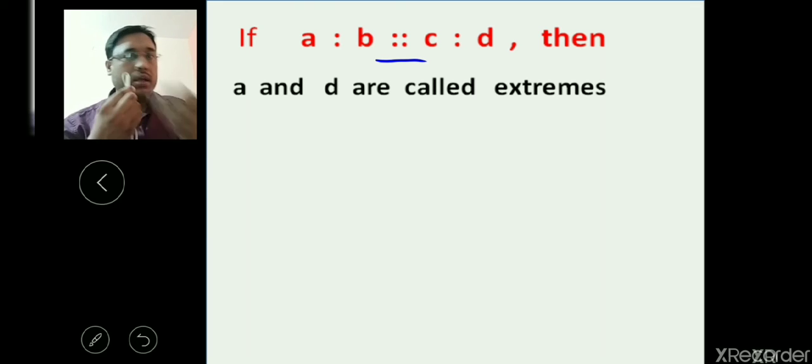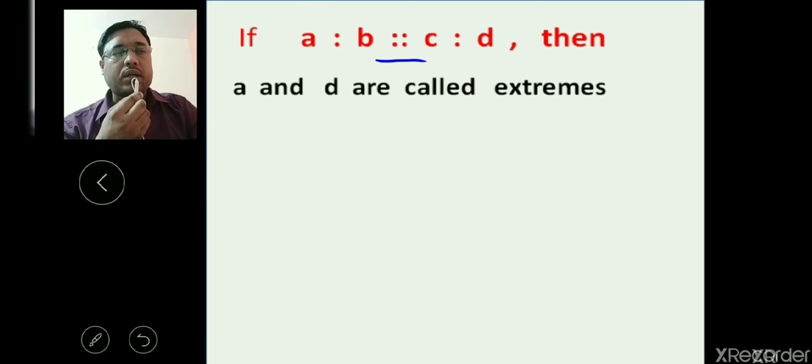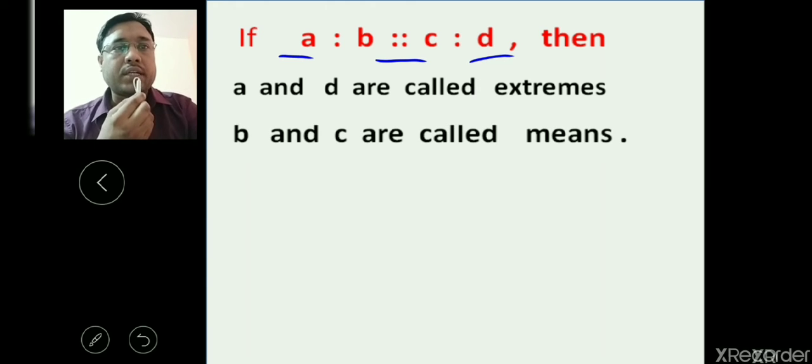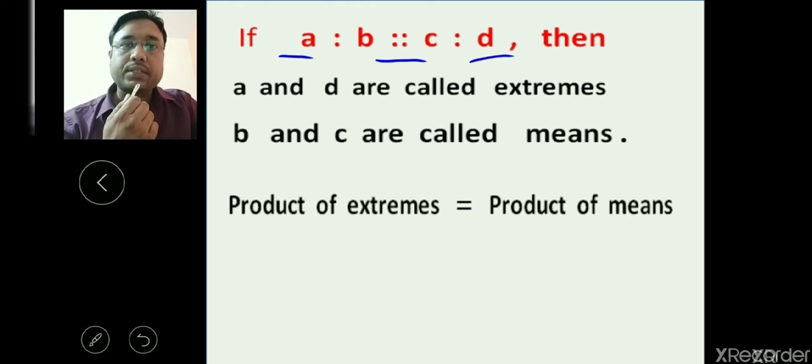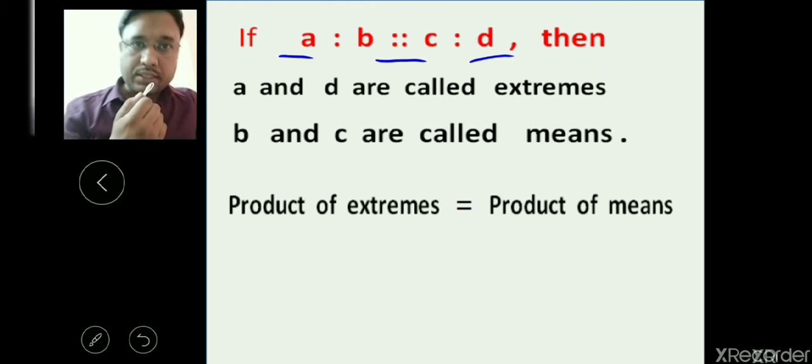Then A and D are called the extremes, the numbers written at the corners, and the numbers written in between, B and C, are called the means. Here is one very important rule: the product of extremes is equal to the product of means.